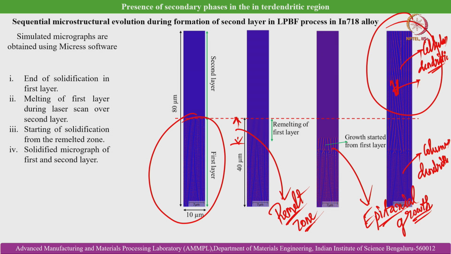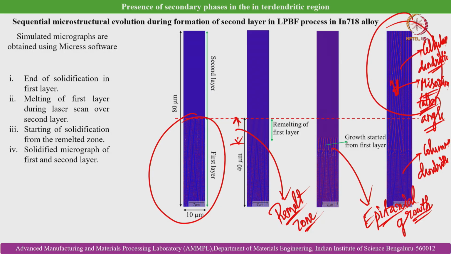Here, the angle I was discussing earlier is the angle between the direction of maximum thermal gradient and the direction of the growth axis of the evolving dendrite trunks. It is called the misorientation angle. As the misorientation angle decreases, the microstructure goes towards single crystalline microstructure.